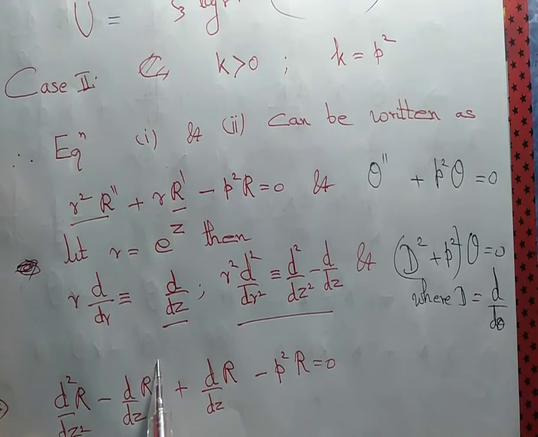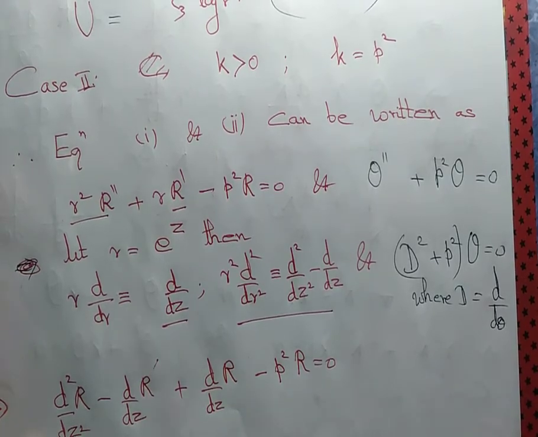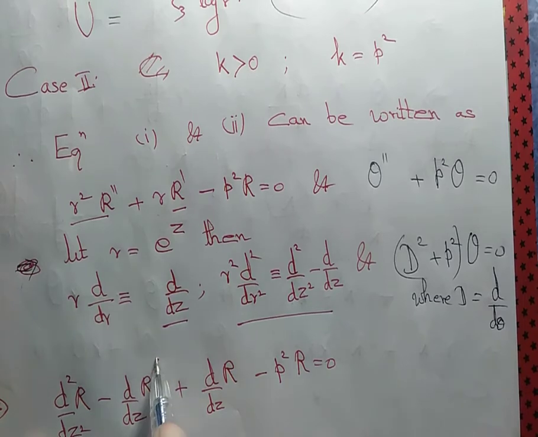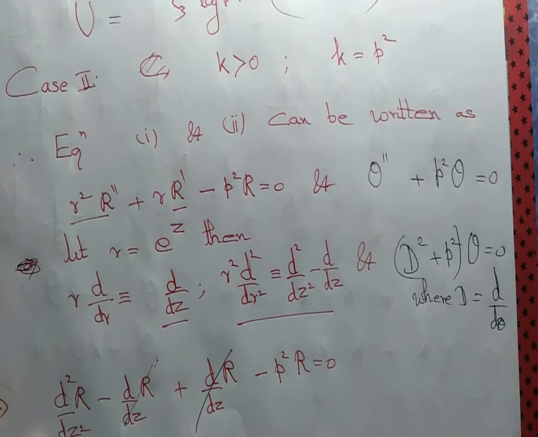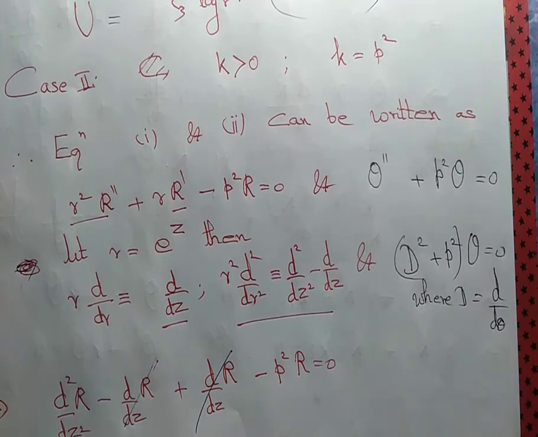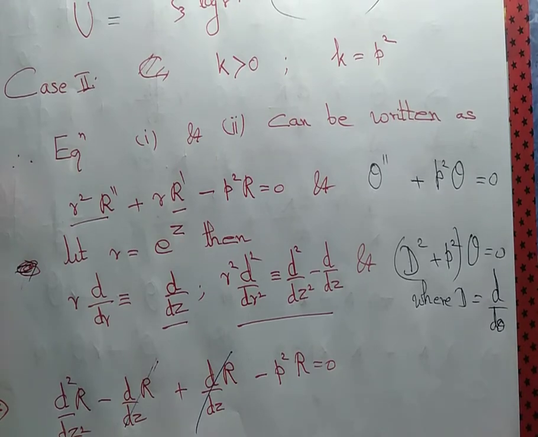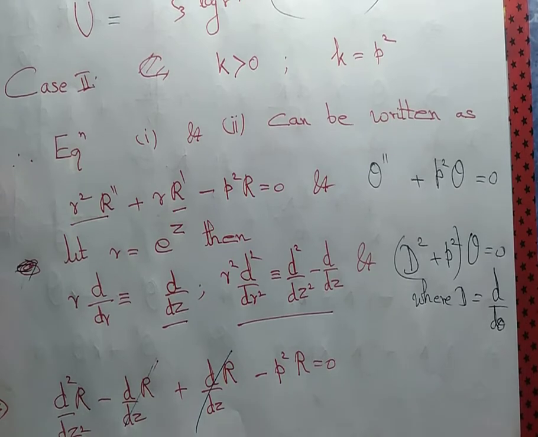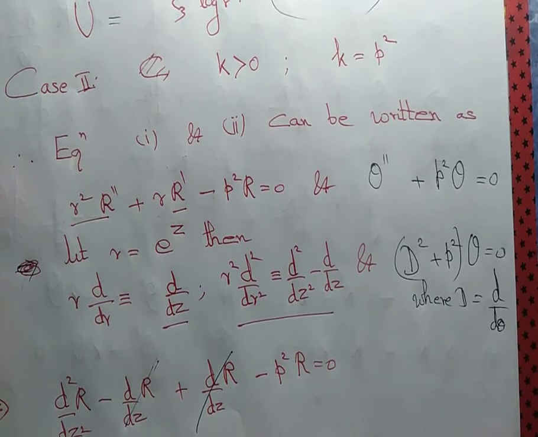You can cancel this. If we cancel it, then we have quite a simple expression. What do we have? d2r by dz square minus p square r equal to 0.